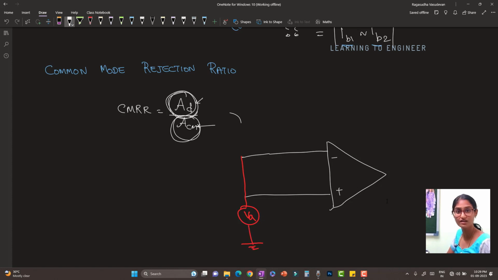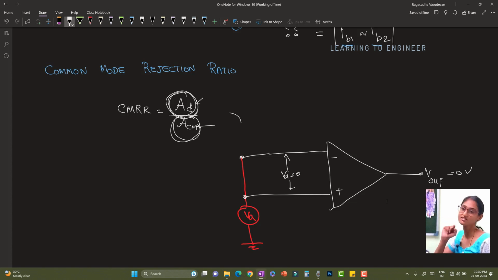Usually we only connect the power supply to either of these terminals and measure the output, right? But now I am connecting the same power supply to both terminals. Being an ideal op-amp, what will the difference signal be? The difference signal will be 0 and hence the output voltage will also be 0 volt.